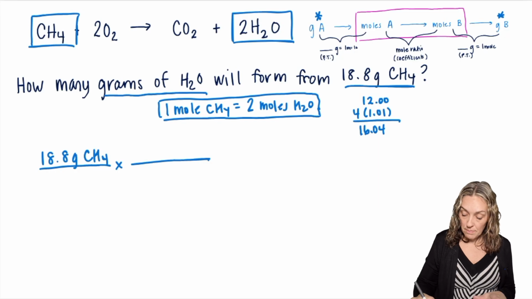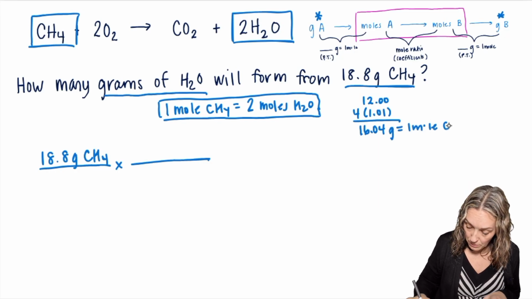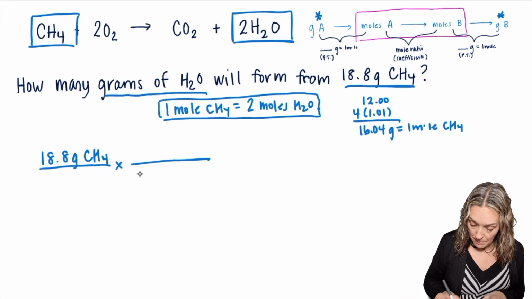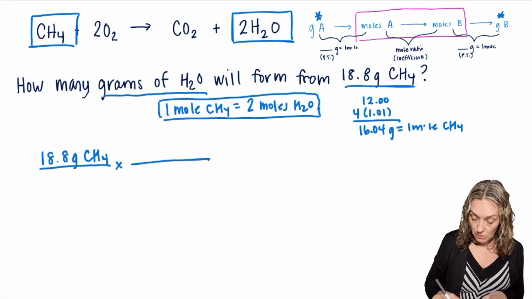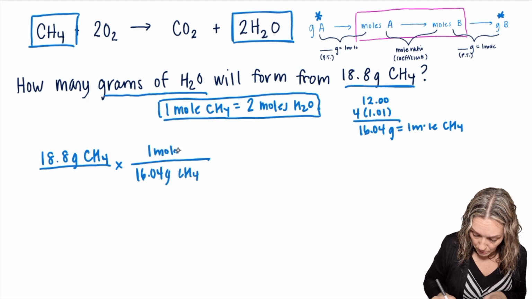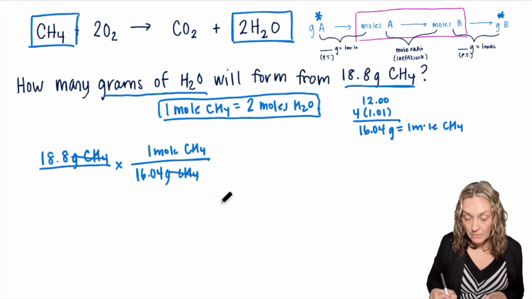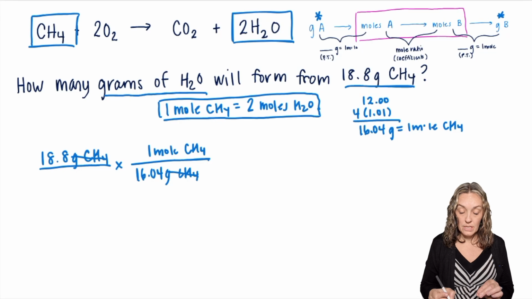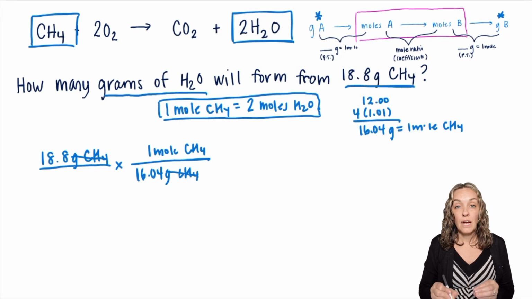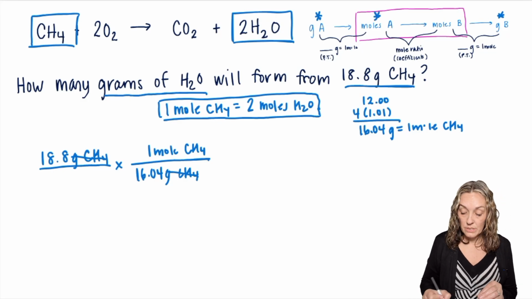When I add those up, I get 16.04 grams are equivalent to 1 mole of CH4. Top and bottom of my fraction need to be equal, and I'm going to put the 16.04 grams of CH4 on the bottom and the 1 mole of CH4 on the top. This will allow my grams of CH4 to cancel out. Now, if I stop the problem here, I'm in the unit of moles.